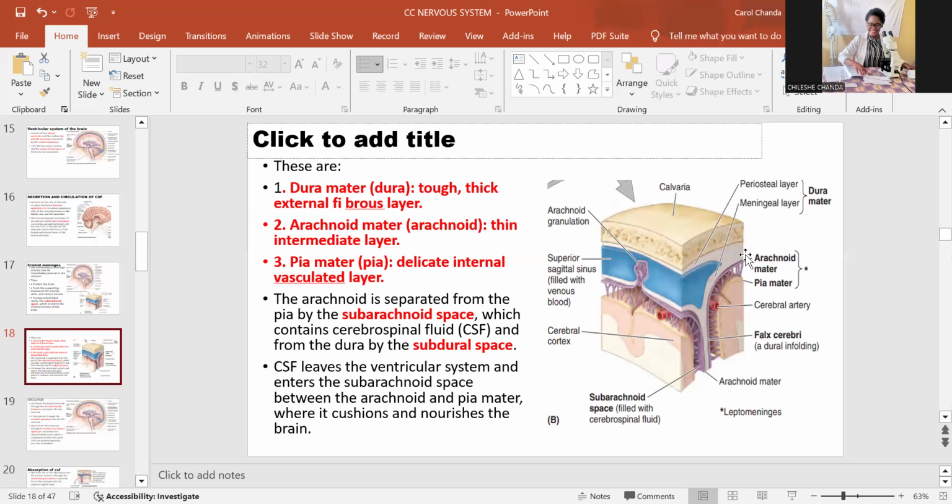Now, this dura mater is further divided into two layers. There is one layer which is adherent to the skull bones, the cranial bones. This layer is the periosteal layer.